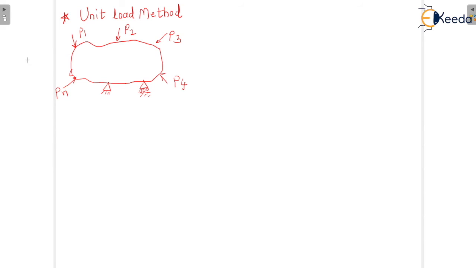So all these external forces are applied gradually. Let us see the displacement under the load at points, delta 1, delta 2, delta 3, delta 4. So wherever this force is acting, there will be some displacement.